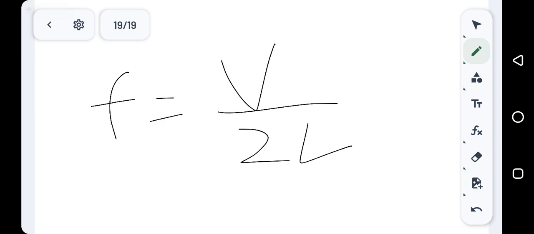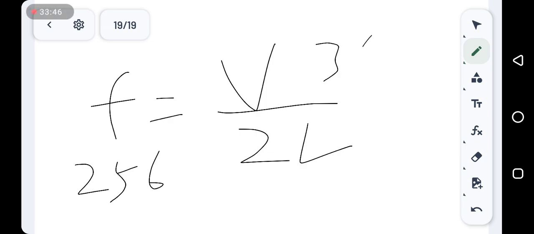For that question we solved before, where we have F is equal to 256 and V is equal to 340, what we are going to do is that we now have 340 over 2L, and then we solve the same way we solved for closed pipe, and whatever we get is the length of the open pipe.